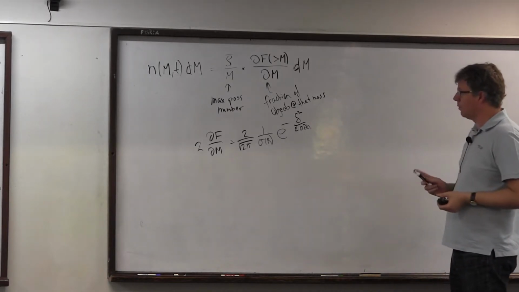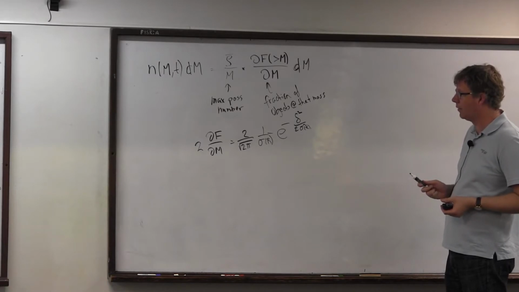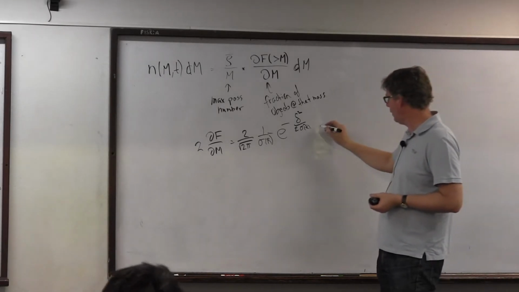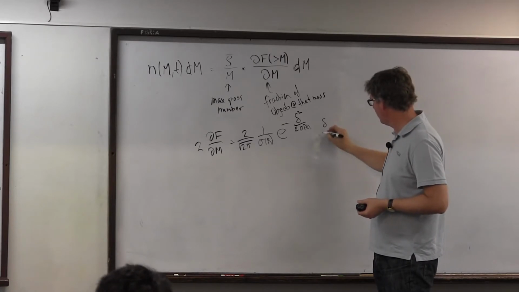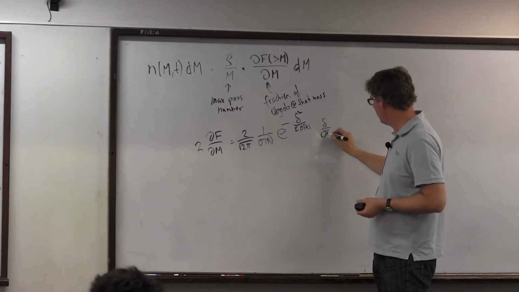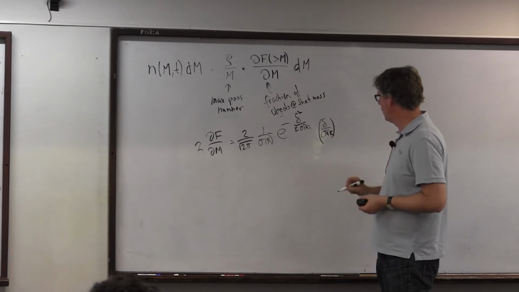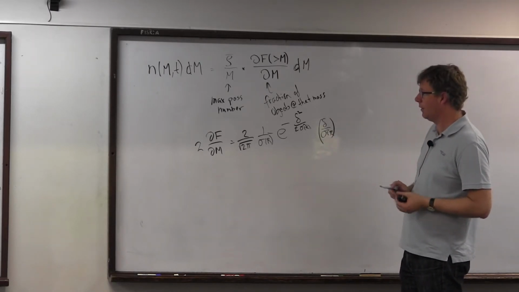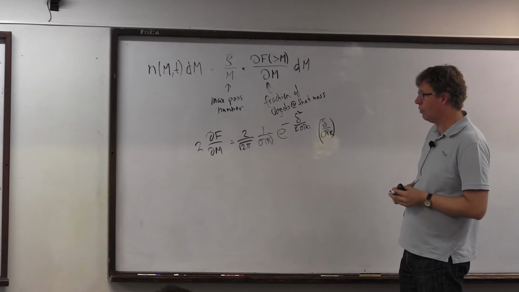And let me see, where's the other ones, is the dm. So then it's the derivative of that. So it's the sigma of r, it's a half times 2. And I think that's all the ingredients you need.